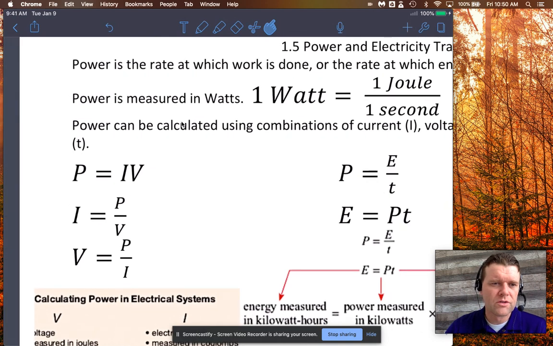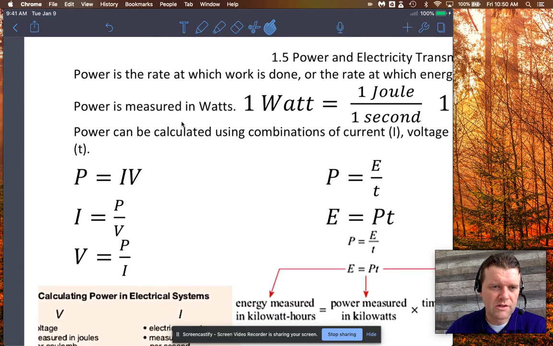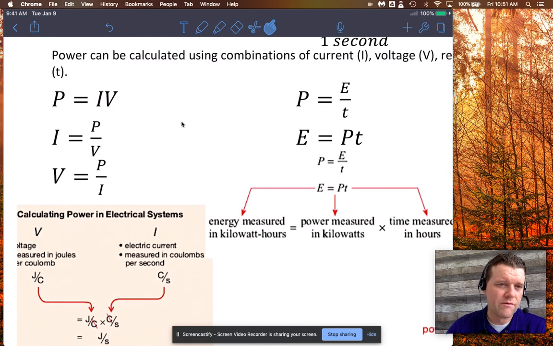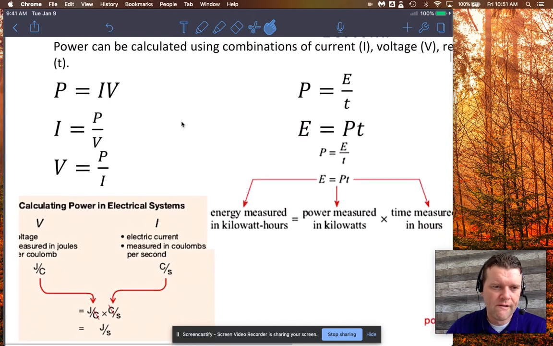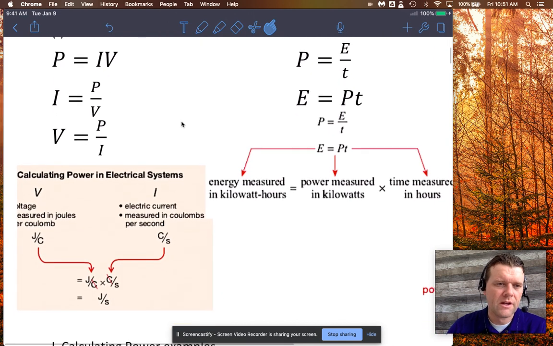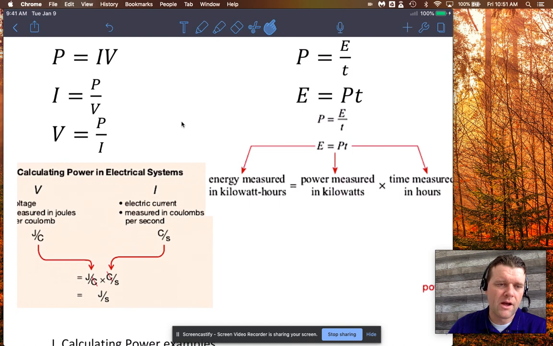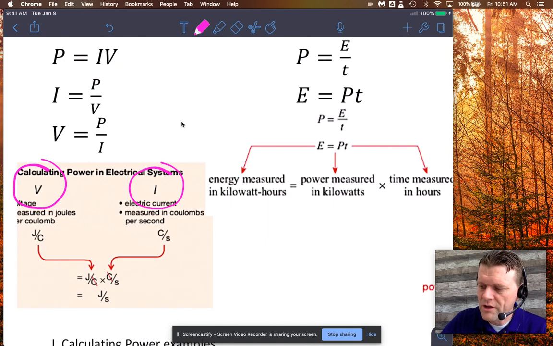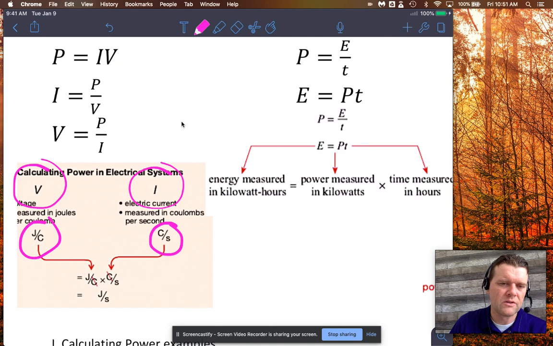So the first formula: power is equal to current times voltage, and that can be manipulated to solve for current I or voltage V. Now, this got cut off a little bit, but I want you to see that if you multiply voltage and current together, voltage is measured in joules per coulomb, that's how much energy each charge has, and current is measured in how many coulombs pass a point in a wire per second.